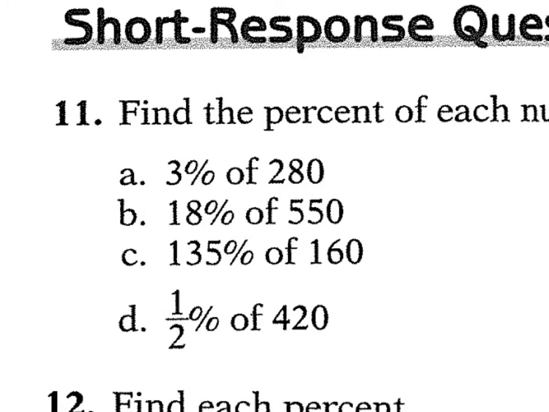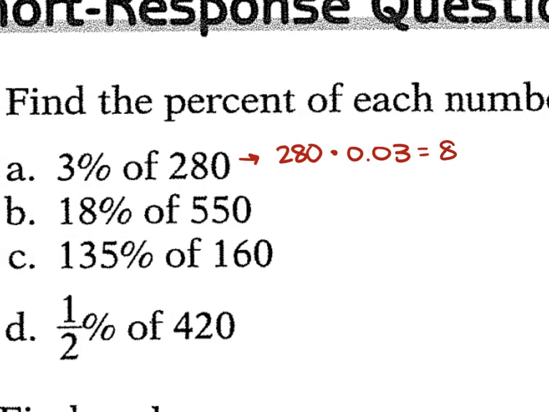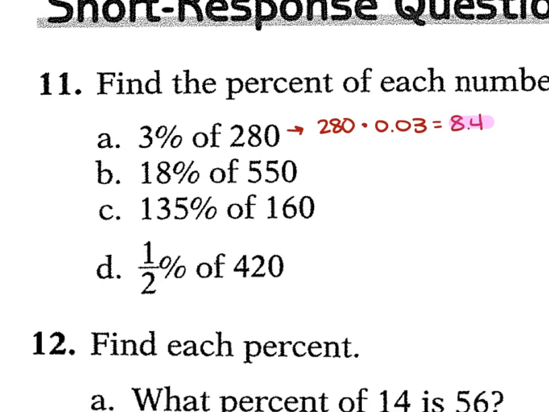So this is the same thing as 280 times 0.03, which is 8.4. For B, we have 18% of 550. So this is the same thing as saying 550 times 18% as a decimal, which is 0.18. So we have 99.